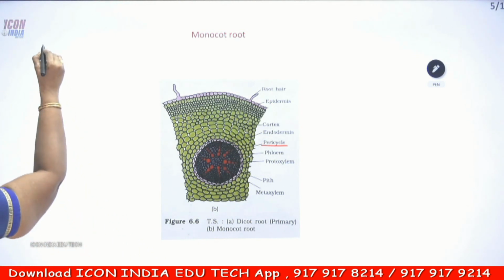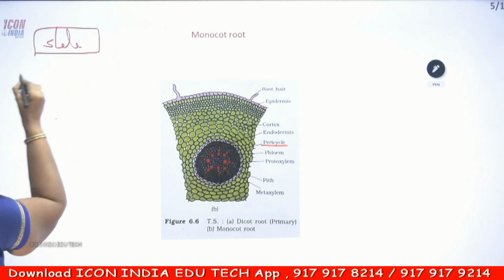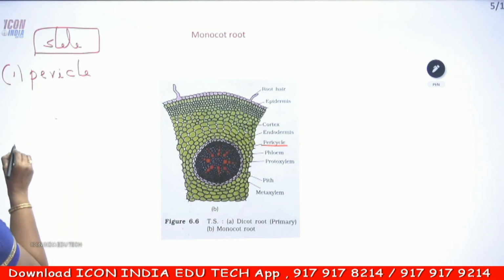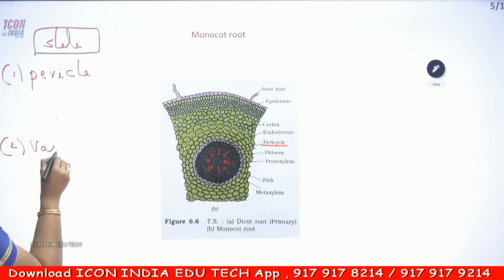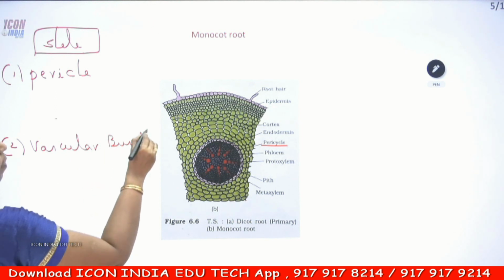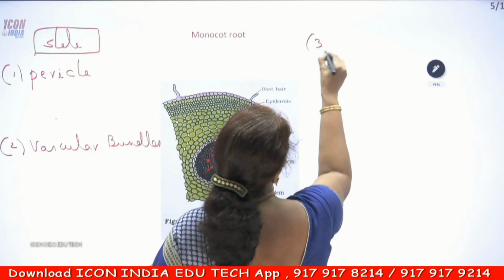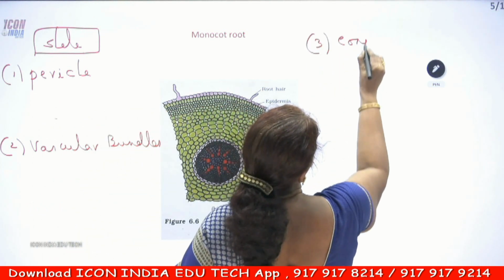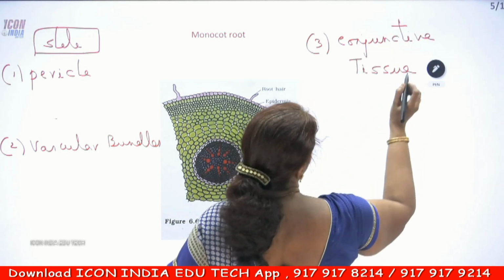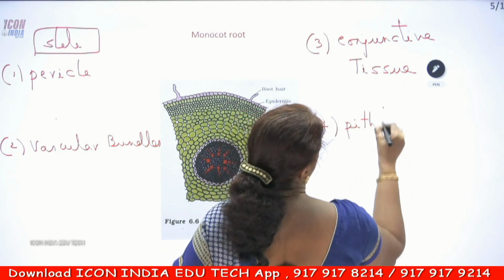The stele has: one is pericycle, the next one is vascular bundles, the third one is conjunctive tissue, the fourth one is pith or medulla.